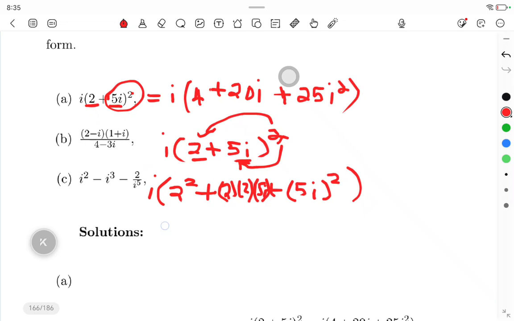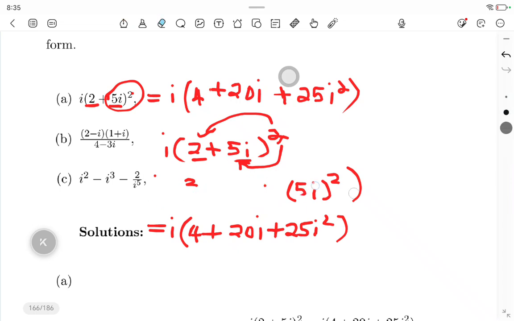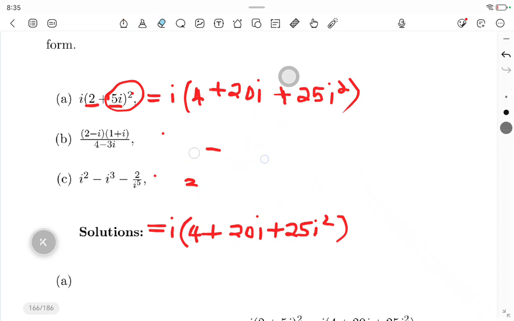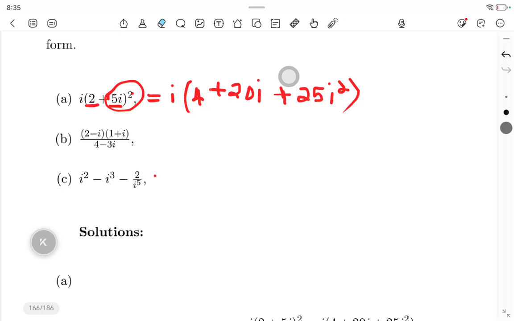But if you feel like that way is difficult, you can do it the easy way. Just do this, 2 plus 5i, 2 plus 5i. If you're fine with that, this times this is 4 plus 10i plus 10i.